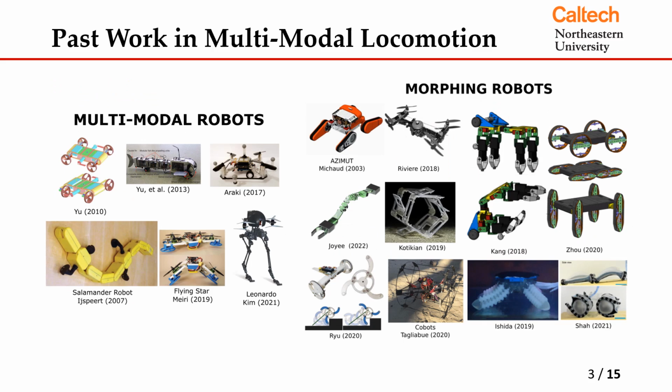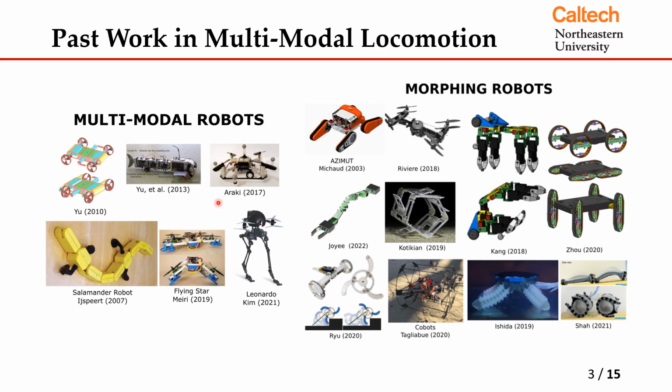So in this slide, we'll show some of the past work in multimodal locomotion and also morphing robots, as a robot can transform between legged and aerial. In the multimodal robots, we have this amphibious robot by U, where we have the wheel and the propeller for underwater locomotion packed into one.